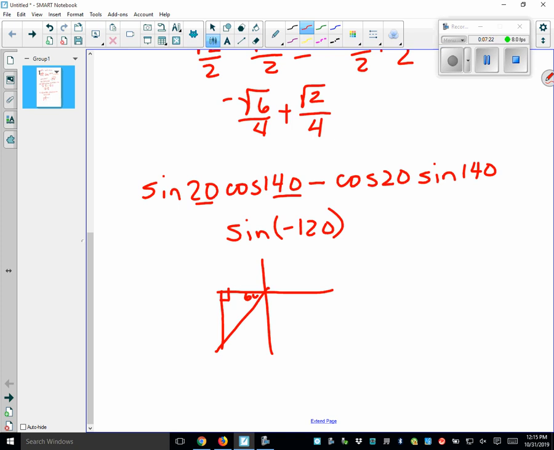Well, how far is it from negative 120 to 180? Okay. That's all I did. Can you give me a side? Negative radical 3, negative 1, and 2. So what's the sine of negative 120? Negative radical 3 over 2.